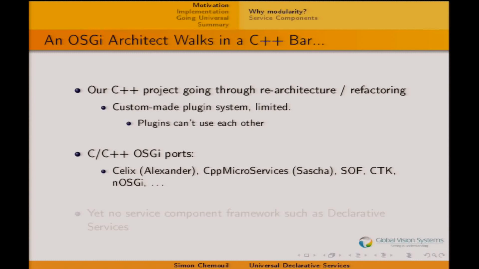Sasha talked in detail about all these frameworks, but the main thing is that there is CTK written by Sasha, and just a few months ago, just before I started actually, he took part of it, isolated just the core without dependencies, and he called that CPP microservices. It's a bit in the same spirit as Pojo SR. Let's just take our OSGi Connect.